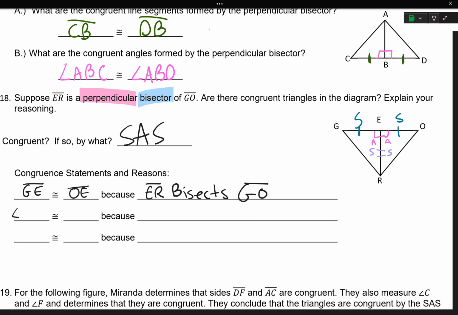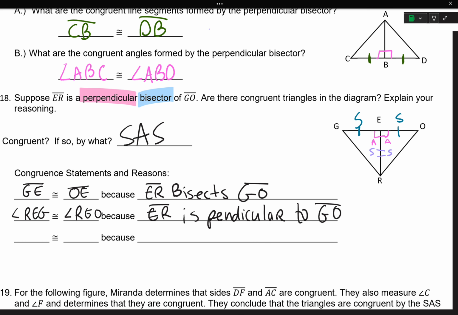We have two angles that are congruent. We have REG and REO because ER is perpendicular to the GO.